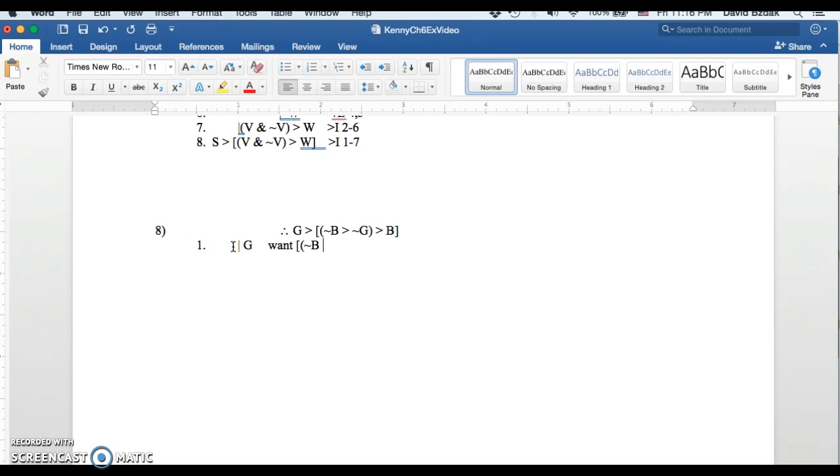Not B, then G, then B. Okay, so we assume G, we want this. Now you can see what we want here is also a conditional. So again, we can tab in again, assume the antecedent, not B, then not G, and want the consequent.